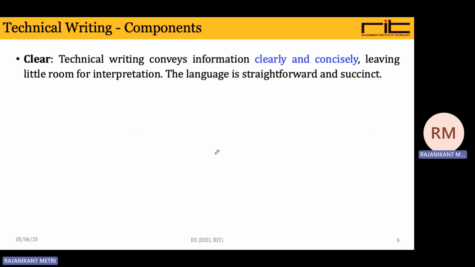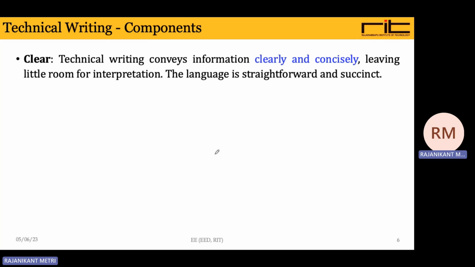So what are the components of technical writing? First one is clear. Whatever technical writing we are doing, it should convey the information clearly and concisely, leaving little room for interpretation. The language is straightforward and succinct.